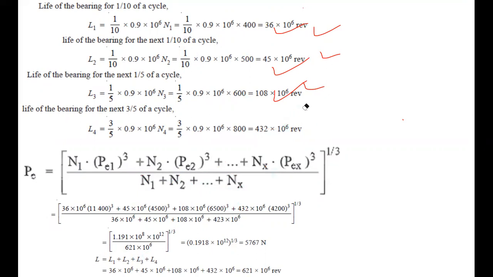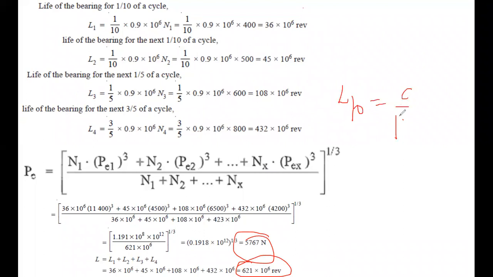We will use the load life relationship to find out the dynamic load capacity. We already have this PE. We already have this L10 in revolutions. So you know the formula. L10 is C upon PE raised to 1 upon A. So we will put down the same values in the equation, which is 5767, 621 into 10 raised to 6 upon 10 raised to 6, raised to 1 upon A, right?